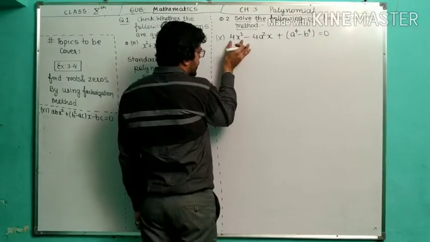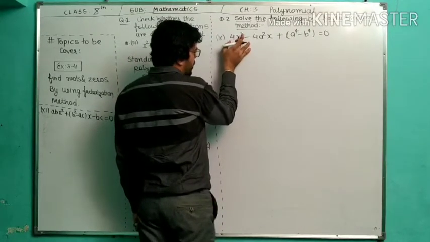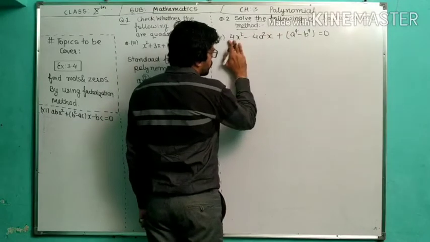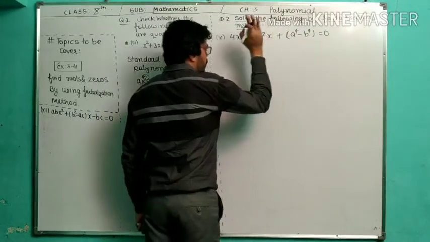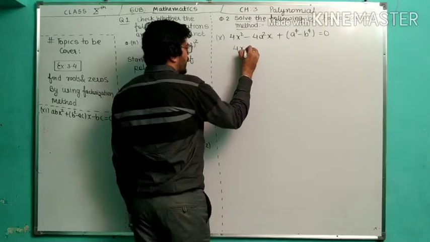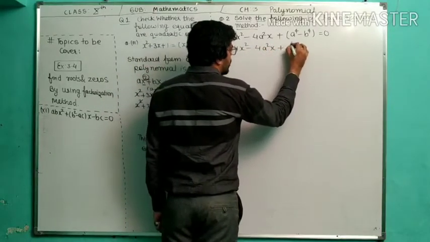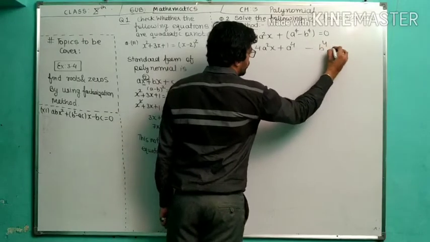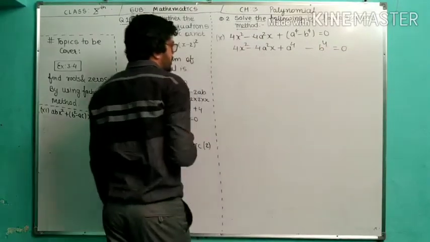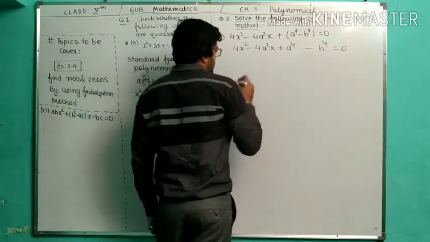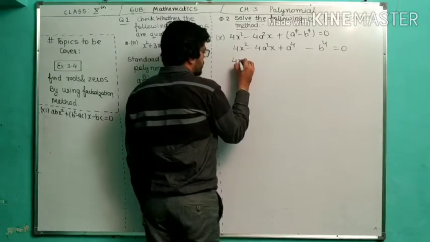First, try to understand: this is x square, and here x to the power 1, so this is a quadratic polynomial. 4x square minus 4a square x, with a to the power 4 and b to the power 4 kept aside. Here you can see we got a fixed pattern.